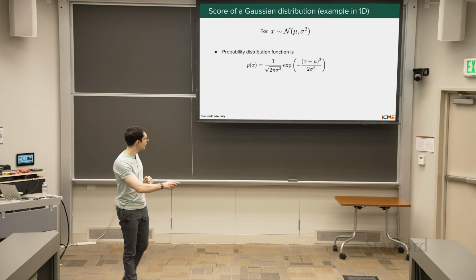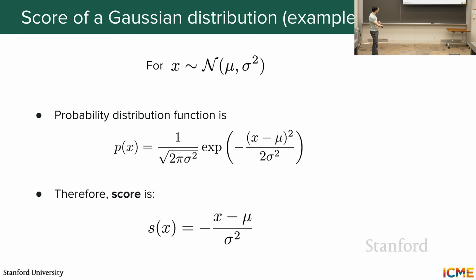It turns out that if you take the gradient of the log of p, you end up with this very nice formulation: minus (x minus mu) over sigma squared.